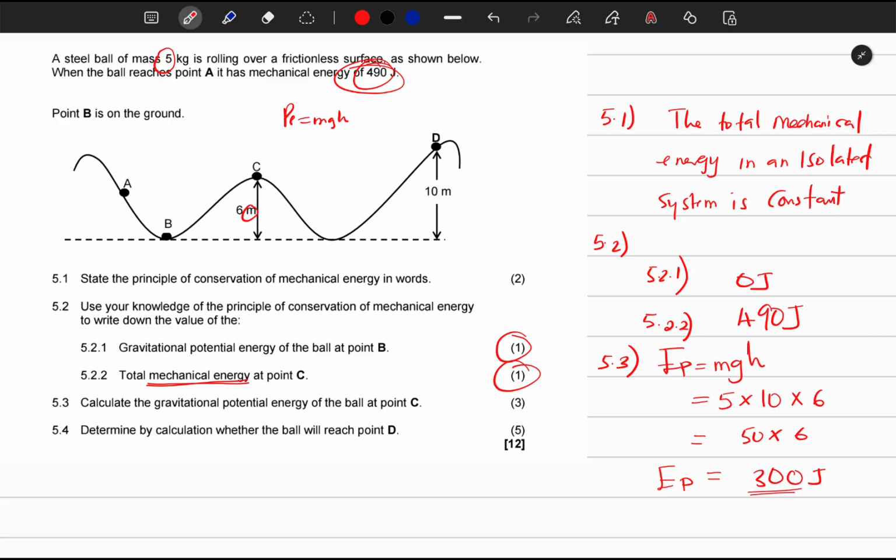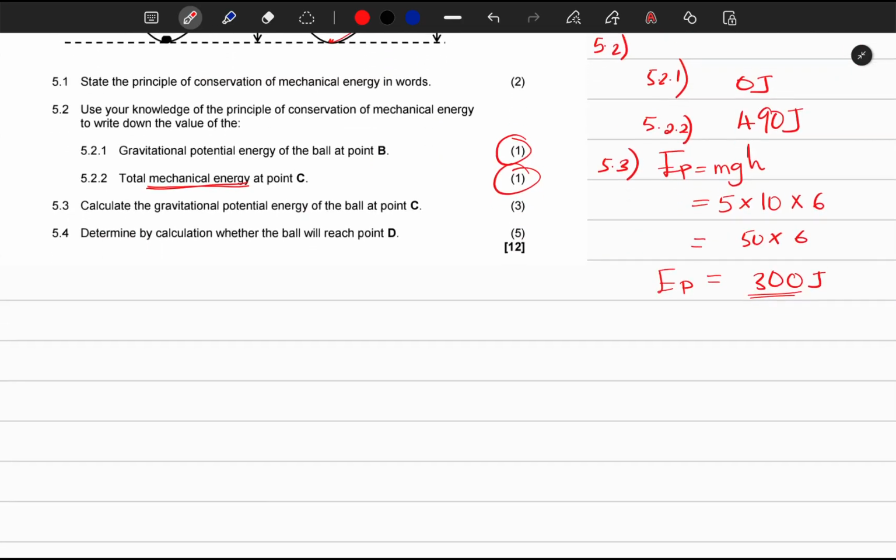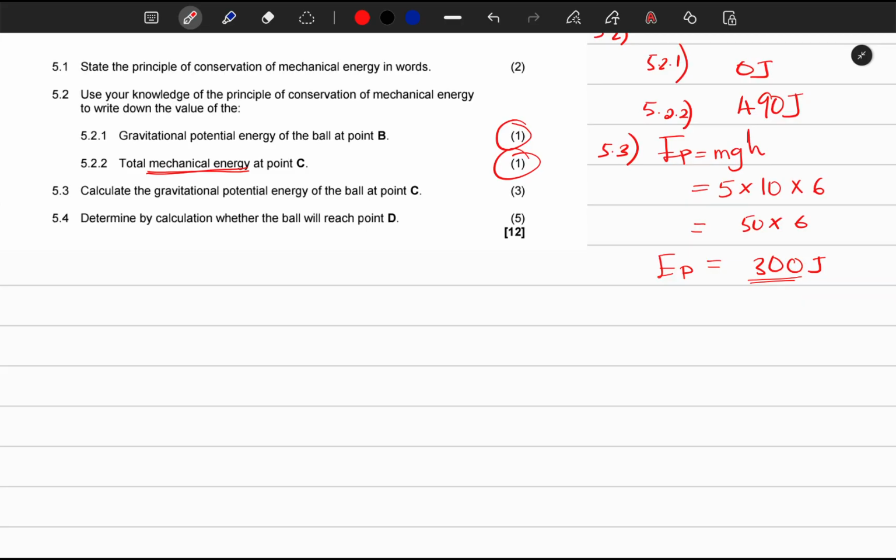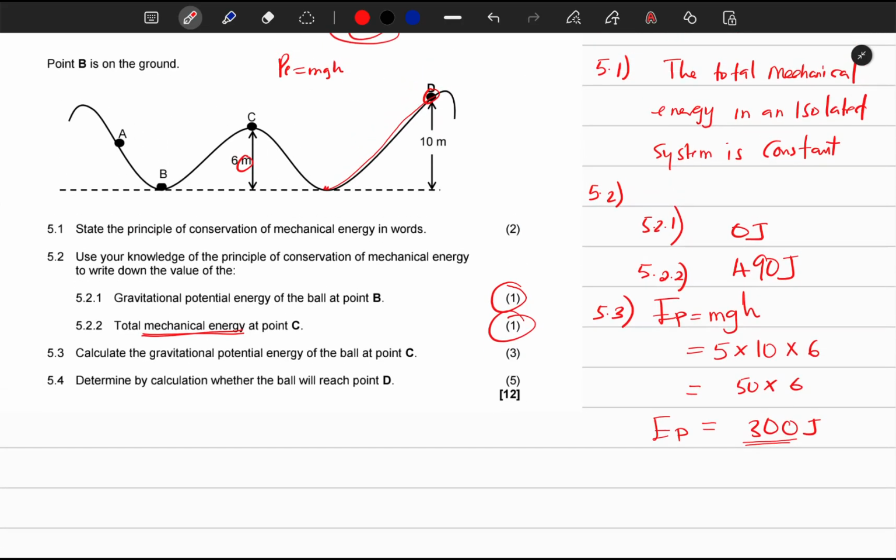All right. Determine by calculation whether the ball will reach point D. Will the ball reach point D there? The only way we can know if the ball will reach that point D is to first find the velocity.